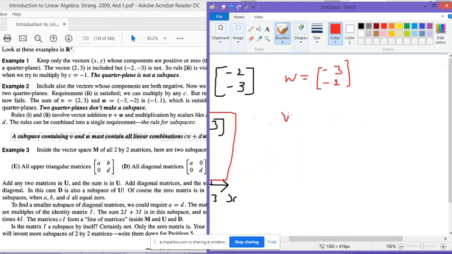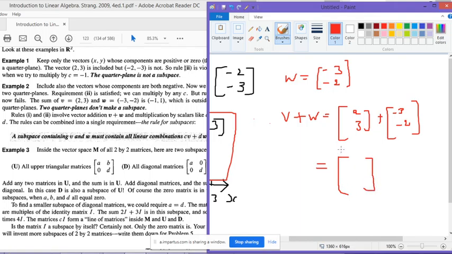So let us add V plus W. Our V is 2 and 3, and our W is -3 and -2. What do we get here? The resultant vector is -1 and 1.